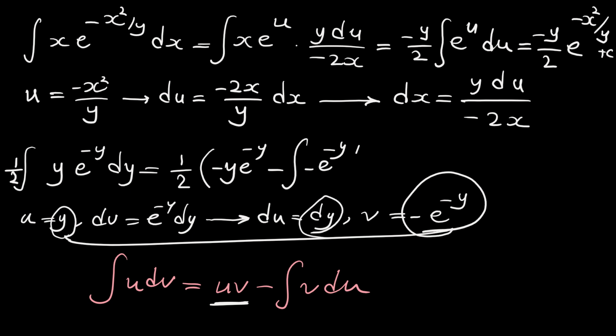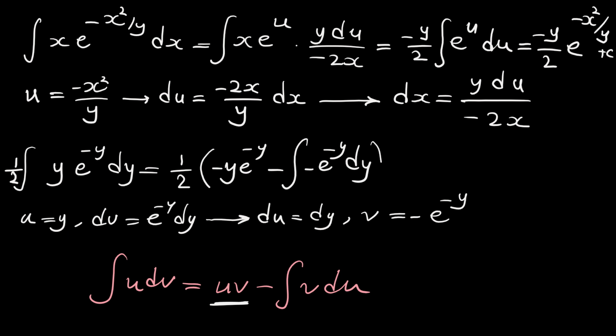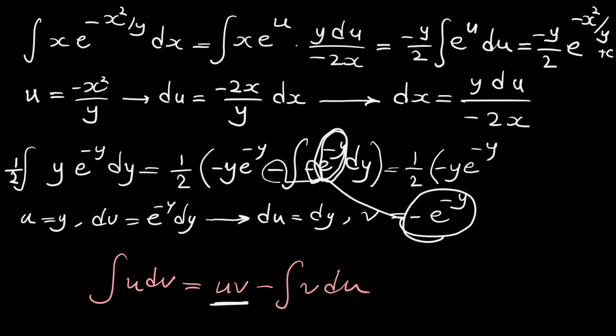Du is dy. This equals 1/2 times negative y e to the power of negative y. Negative times negative is positive. The integral of e to the negative y is again negative e to the negative y. So the answer is negative e to the negative y plus c.